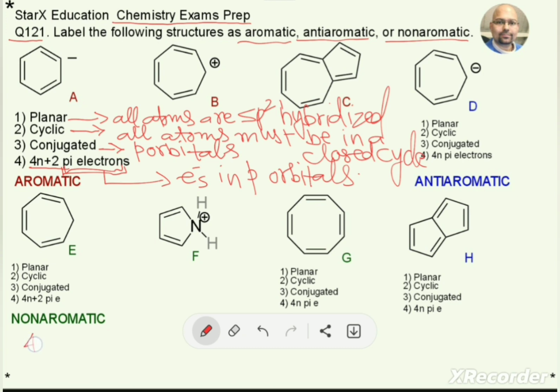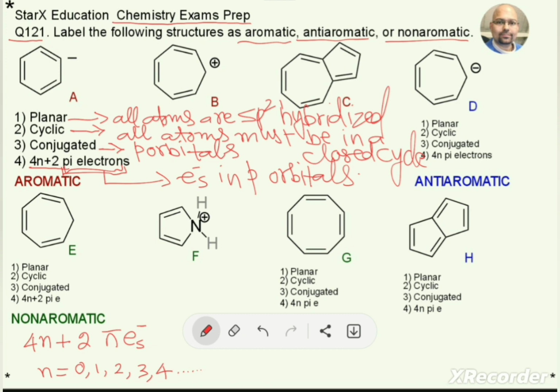For aromatic compounds, we have 4n plus 2 pi electrons, where n is 0 or an integer. It could be 0, 1, 2, 3, 4, and so on.